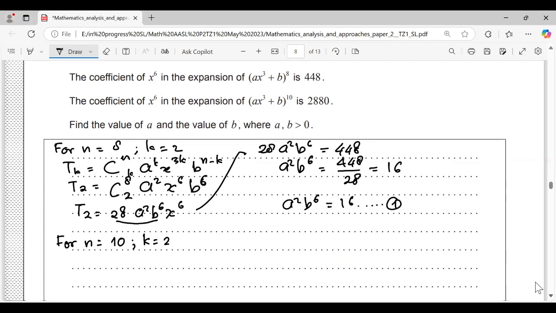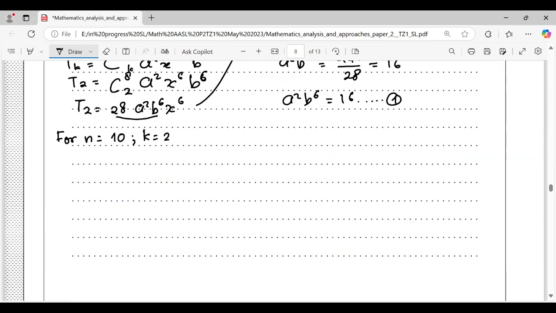I'd like to scroll down first. So T2, the binomial formula, that is 10 choose 2, a squared, x power 6 and b power 8.